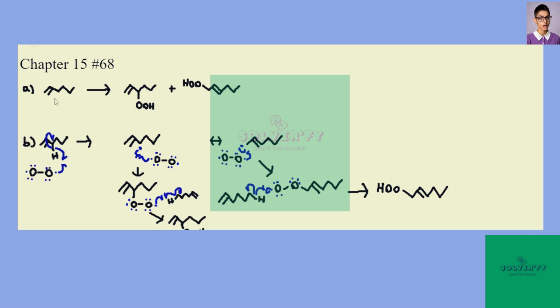Part B is asking for a mechanism. Basically, the two possible products start from a common starting material. The common first step is that the hydrogen at the allylic position is abstracted by a molecule of O2. It's a free radical abstraction, so the hydrogen is gone, replaced by a radical.